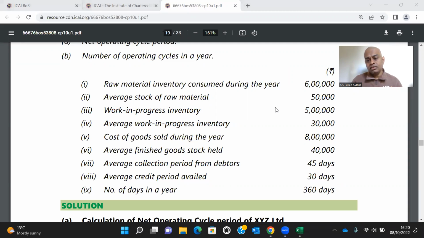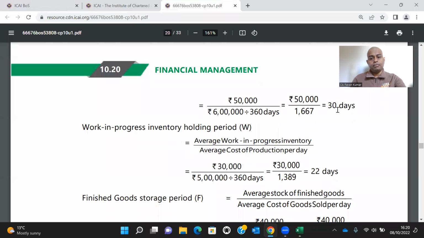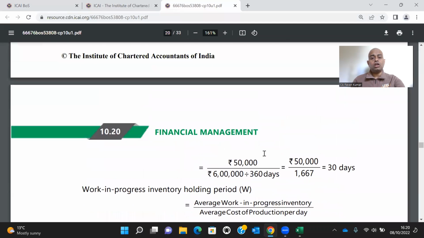Average work in progress inventory 30,000. Wait, I think something is wrong. There is some printing mistake. It cannot be like this. Do they think 5 lakhs is works cost? Let us check the answer. Yes, 5 lakhs they have taken as works cost or cost of production.